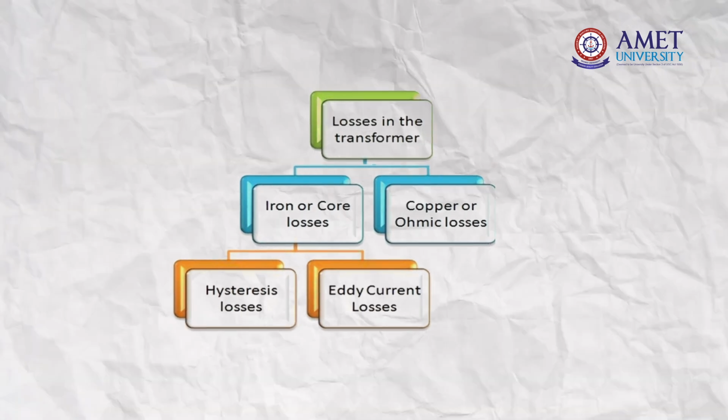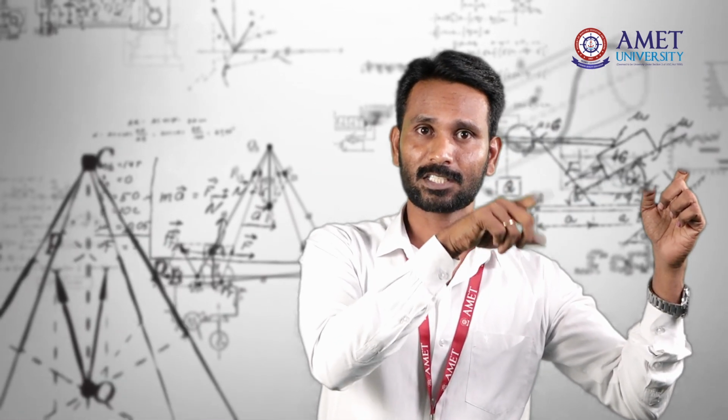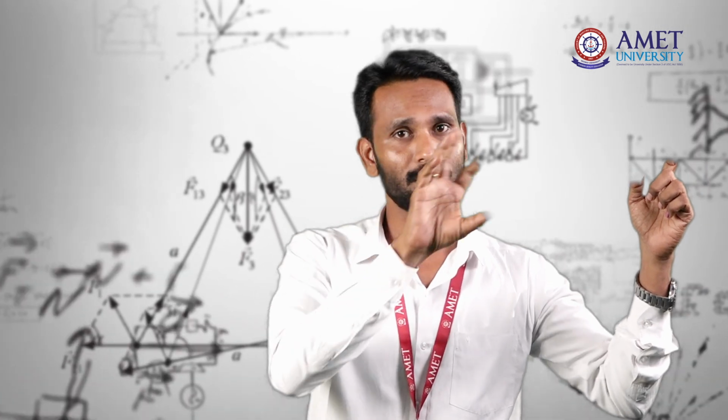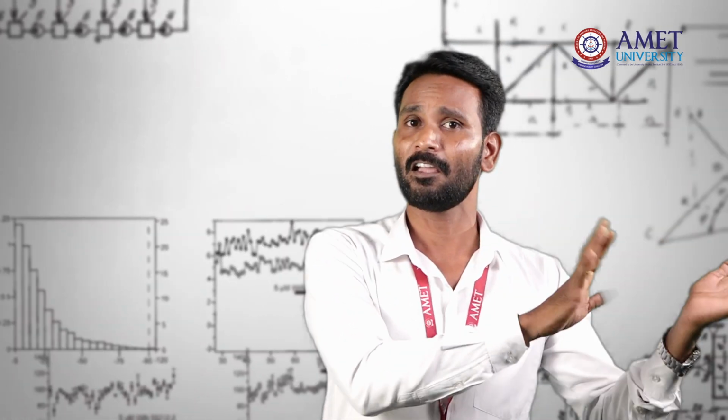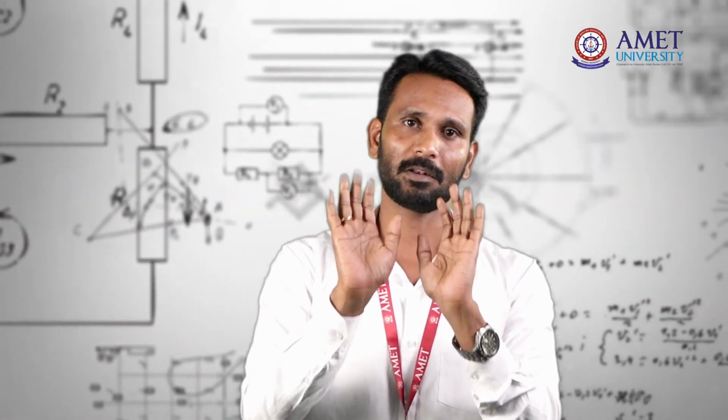There are different types of losses in the transformer: iron losses, copper losses, hysteresis losses and eddy current losses. Not all the flux will be connected to the secondary coil. Some of the flux connects to the secondary coil, and that is the useful flux or main flux. The flux which is not connected to the secondary coil is the wastage, or leakage. When we use the core type of core, some losses occur.